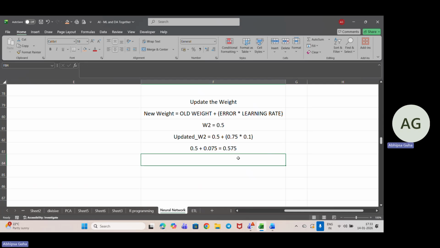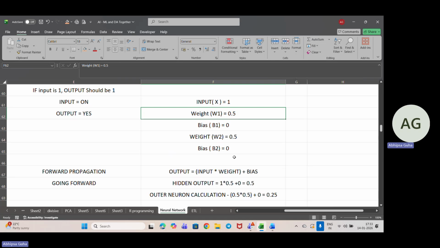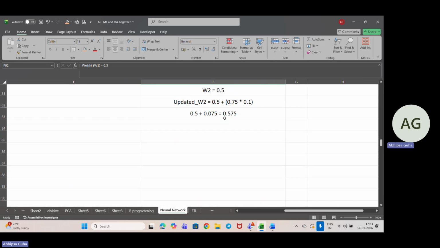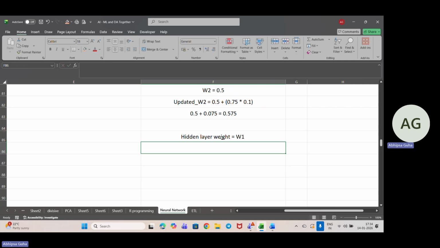Now I need to fix the hidden layer weight. So this is also 0.5. This is the output layer weight and this is the hidden layer weight. That is W1. So I need the updated W1, right?